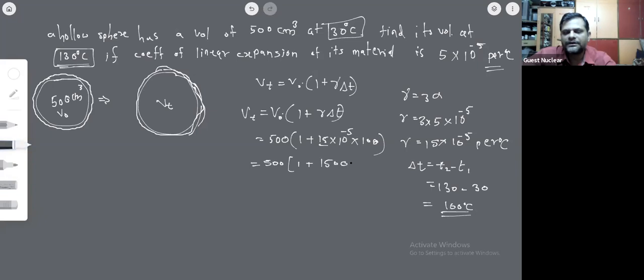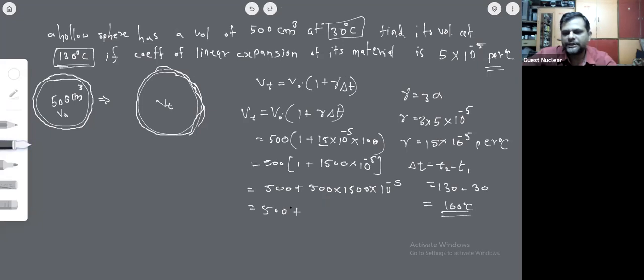So this is 1500 into 10 raised to minus 5. And if we simplify this further, 500 into 1 is 500 plus, if you open the bracket, 500 into 1500 into 10 raised to minus 5. Which makes it 500 kept as it is plus 500 into 1500 into 10 raised to minus 5.